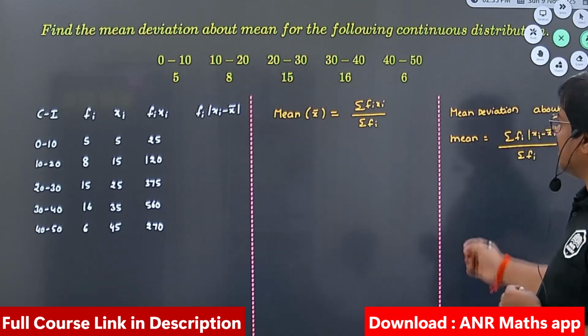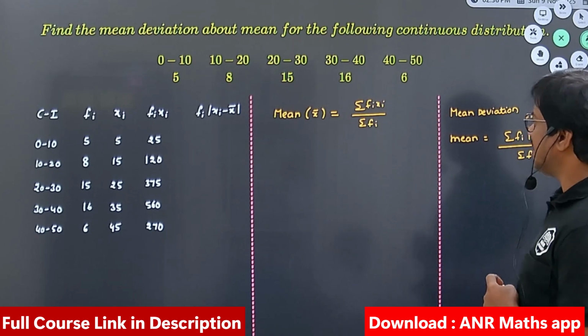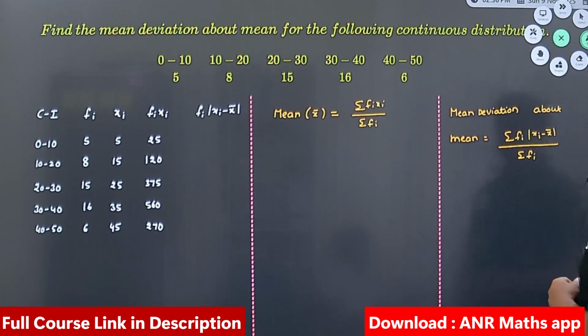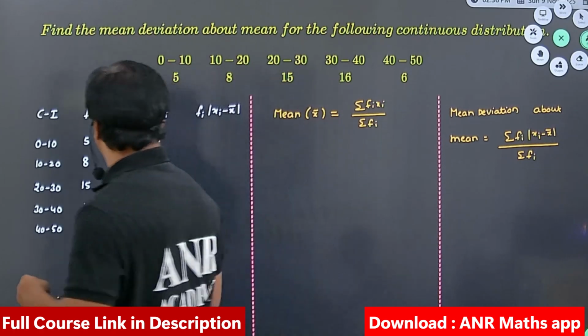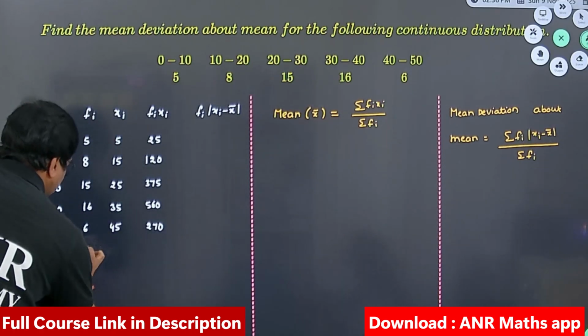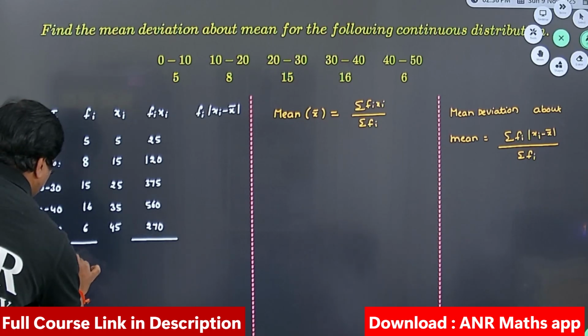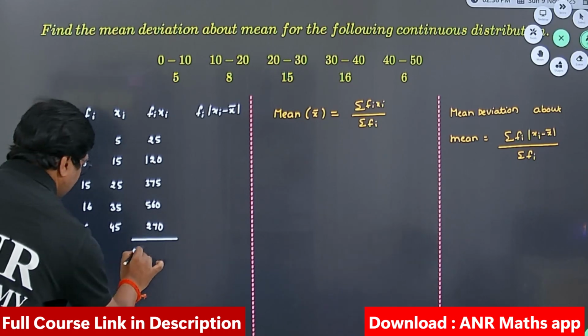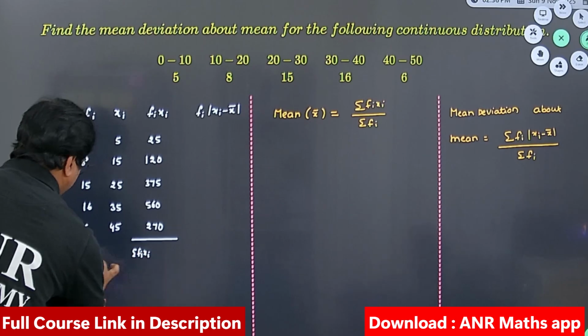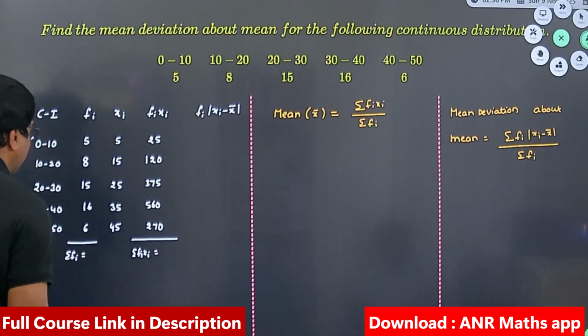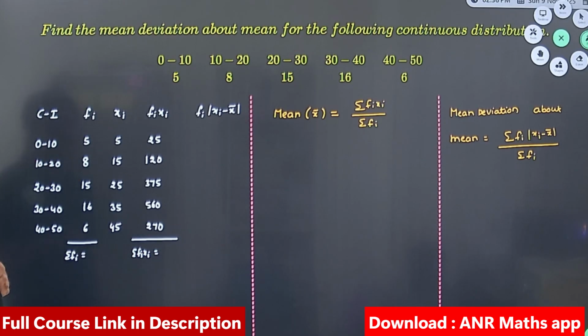Next, it is required to find summation Fi xi and summation Fi. Sum of frequencies, sum of Fi xi values. Sum of frequencies, observe 5 plus 8 plus 15 plus 16 plus 6.